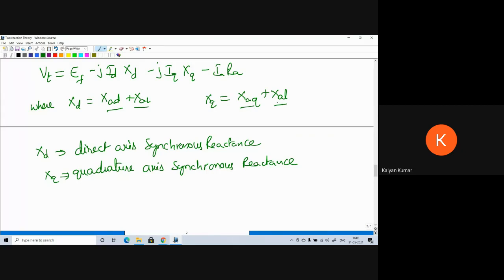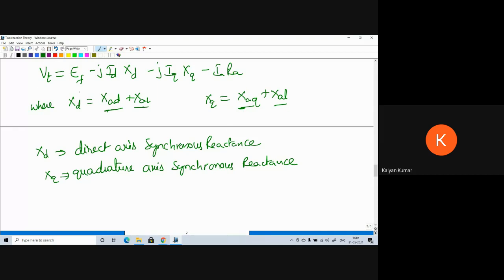So in both cases the leakage reactance is considered the same. That means the leakage reactance along the quadrature axis and direct axis is considered constant. Whereas, as the air gap is changing, the armature reaction reactance is going to be different along the direct axis and quadrature axis. So XAD is the armature reaction reactance along the direct axis, and XAQ is the armature reaction reactance along the quadrature axis.